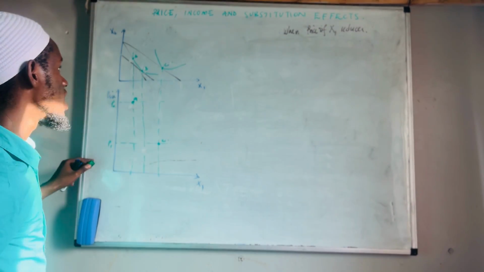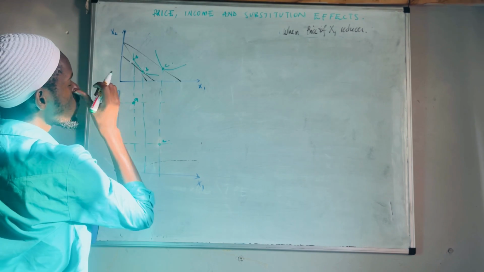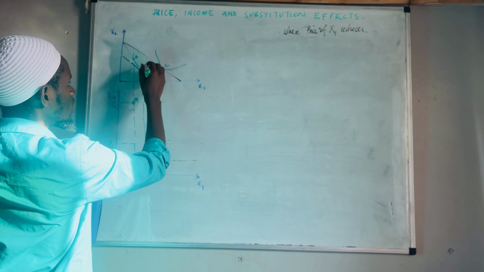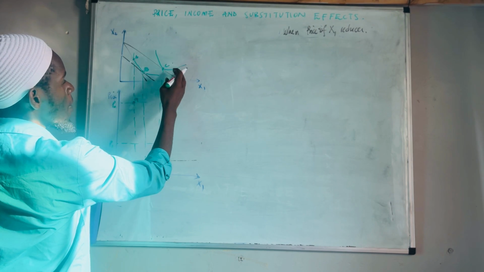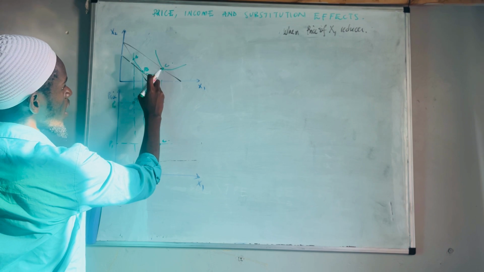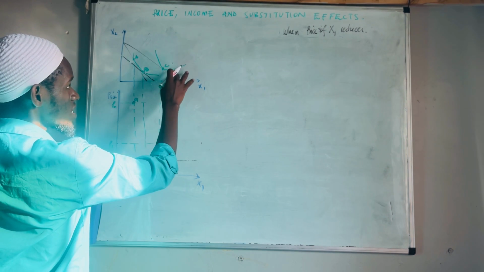Likewise, to have point B is a result of what? Of my employer reducing my income to come back to my original indifference curve, but the price had increased.